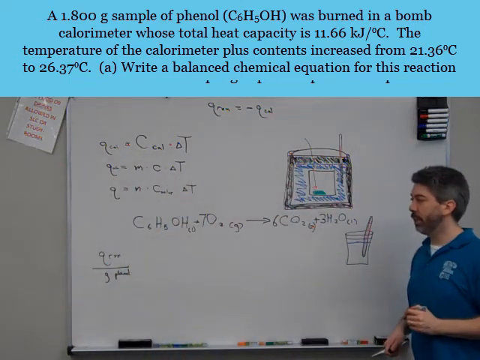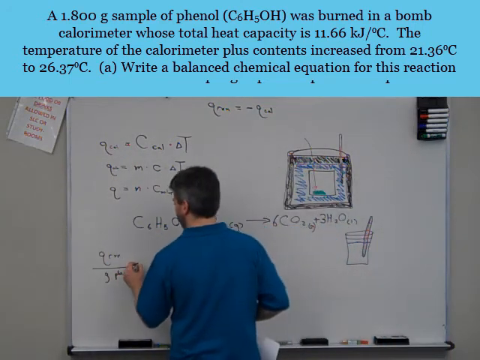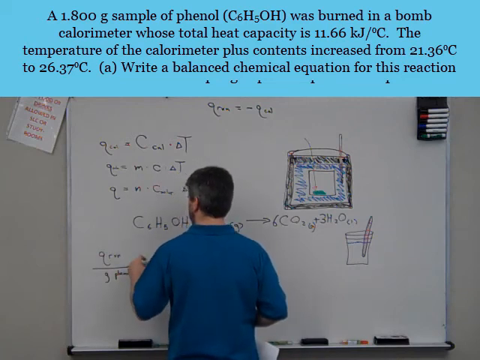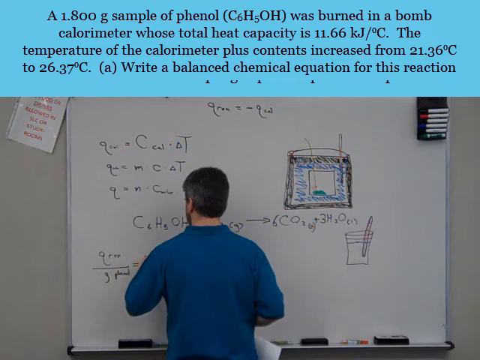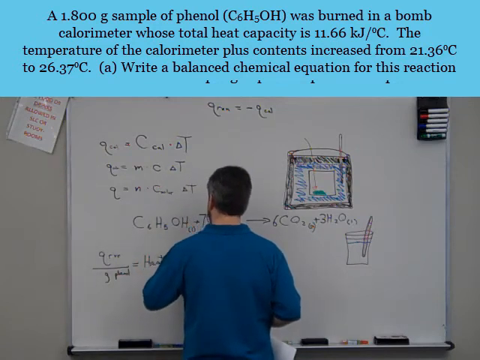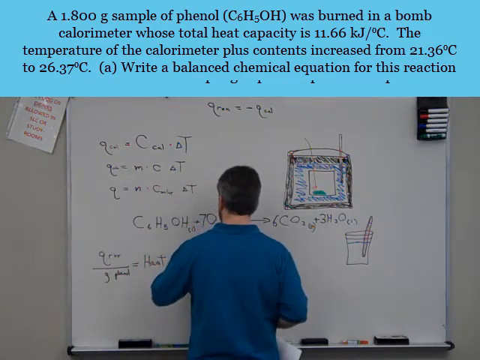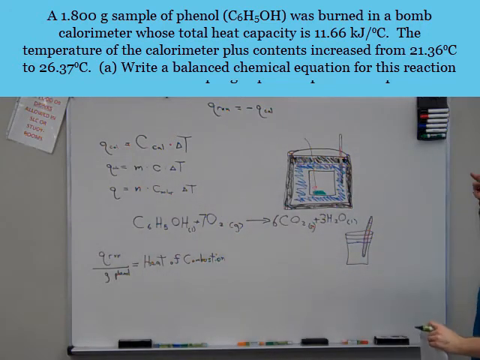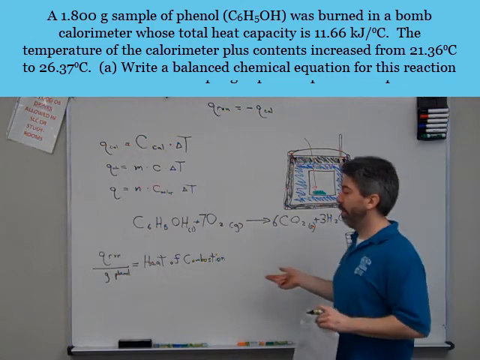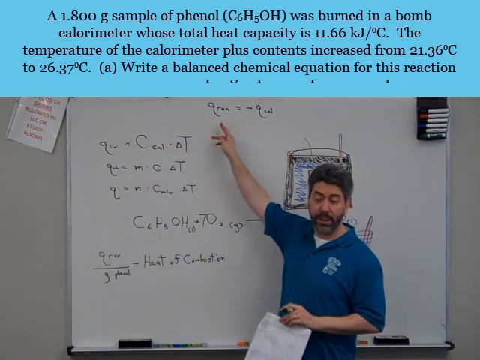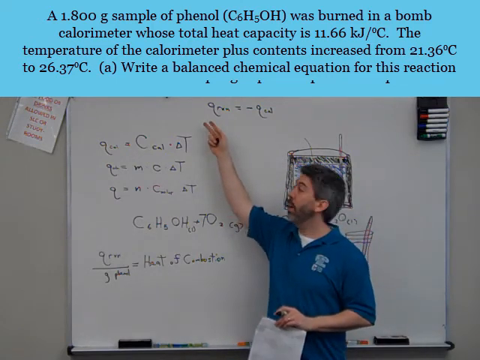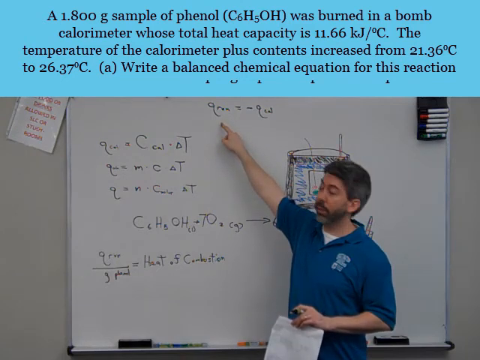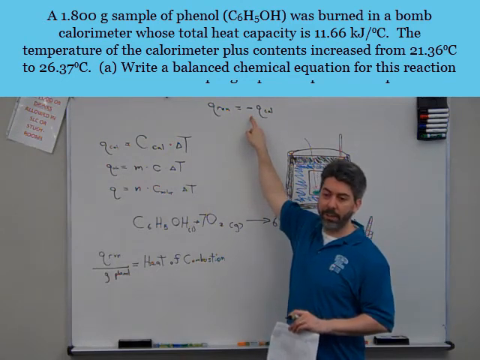The heat of combustion is the Q of the reaction divided by the grams of phenol. Now, I don't have any information that can solve directly for Q of reaction. However, I do know that Q of reaction is equal to the negative Q of the calorimeter, right?